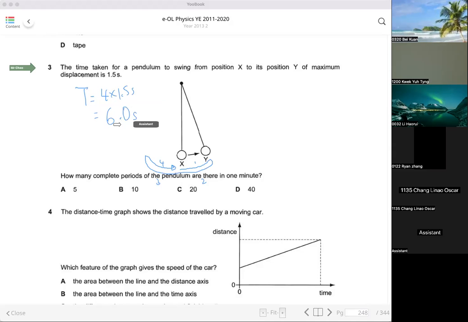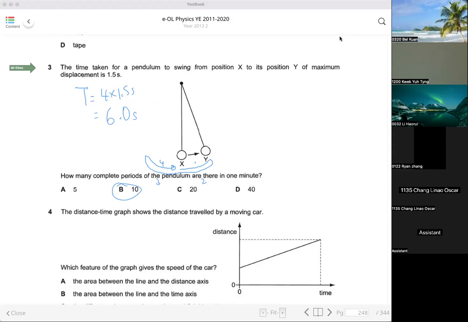So the period of one oscillation is from X to Y, and then go back to X, then to the extreme left, and then come back to X again. This is one oscillation or one complete wave. So one complete wave is made up of 4 of these 1.5 seconds. And how many 6 seconds are there in 1 minute? The answer is B. All of you got this correct now, so well done.